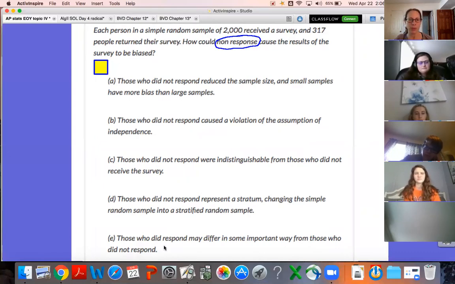What's the problem with non-response? Anybody? Why do we have an issue with non-response?